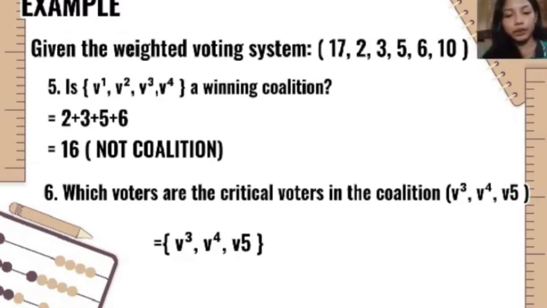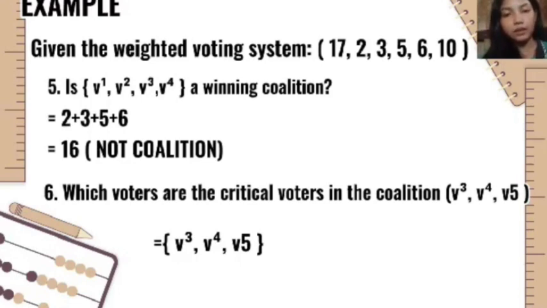Which voters are the critical voters in the coalition? V3, V4, and V5. Are V3, V4, V5 critical voters? So let's try if this is a winning coalition. 5 plus 6 plus 10 equals 21. So this is a winning coalition. For example, kapag inalis ko si V3, winning coalition pa rin ba ito?